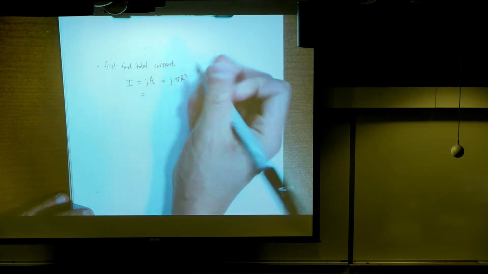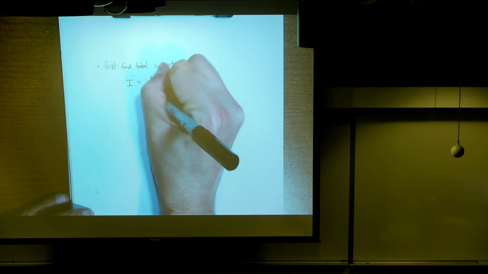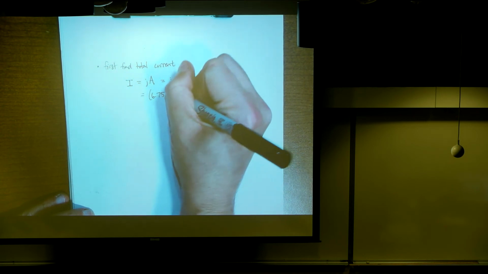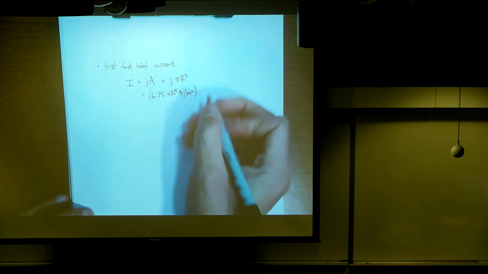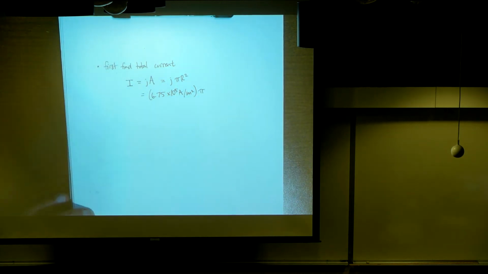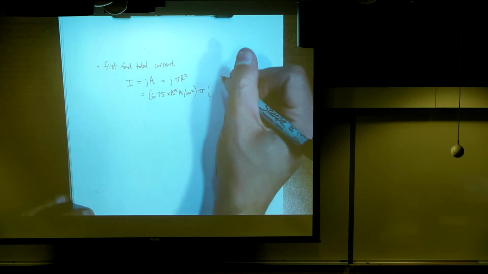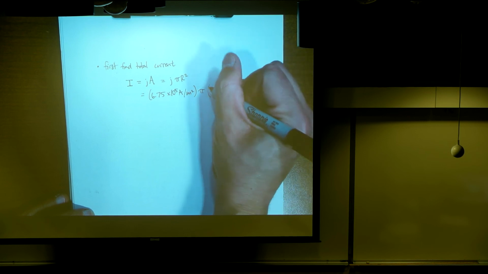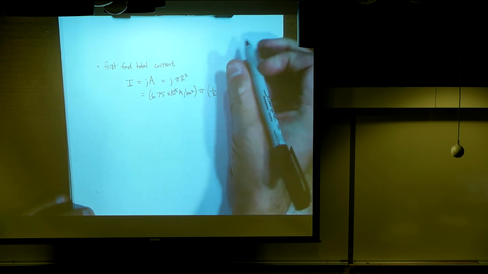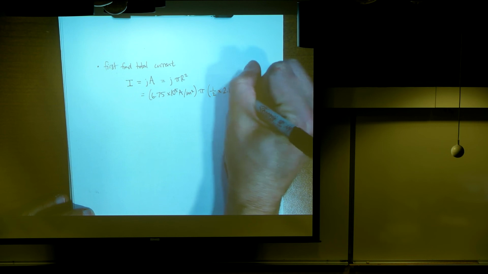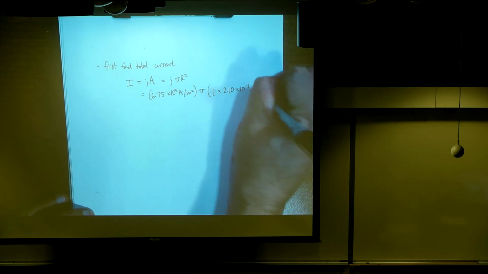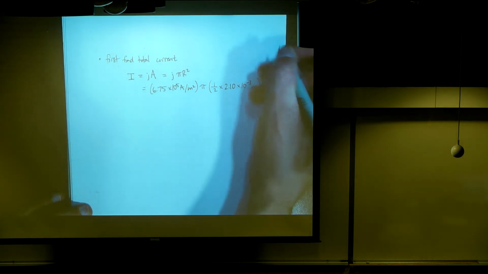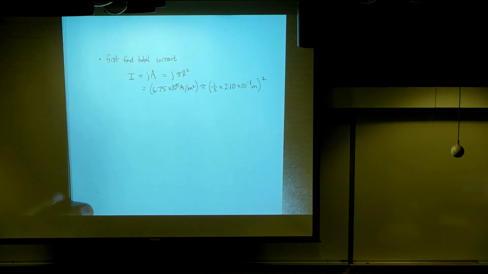For J, we have 6.75 times 10 to the 5 amps per square meter. When we do pi r squared, the radius should be given in meters. The diameter of this wire is 2.1 millimeters, so the radius is a half of that: a half times 2.1 times 10 to the minus 3 puts it in meters. So we'll square that, and that would be the calculation.